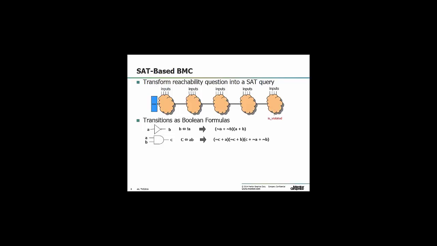All these gates can be written as Boolean functions. For every transition, we can combine the Boolean functions describing the gates into one big transition formula, or a set of clauses in SAT terminology.